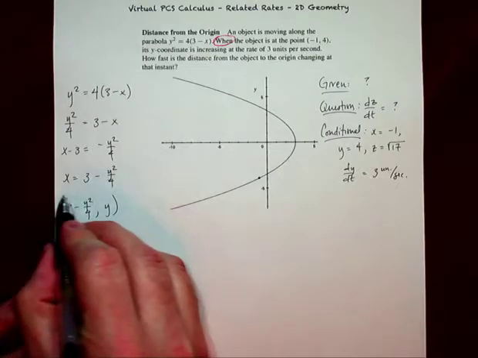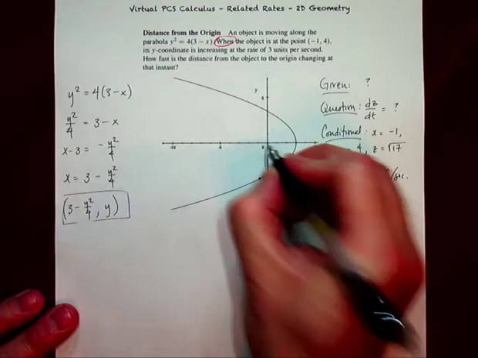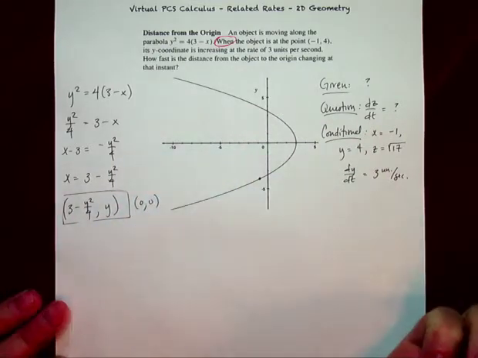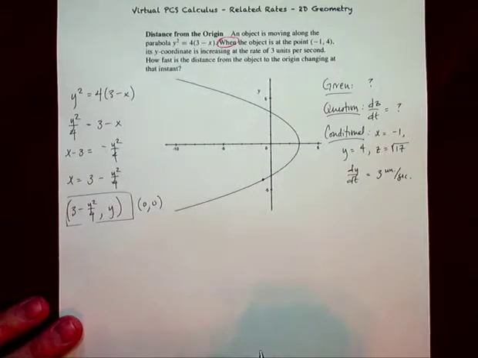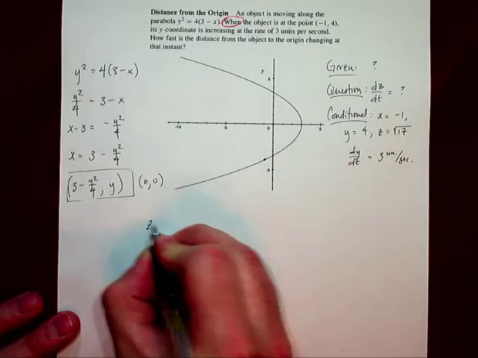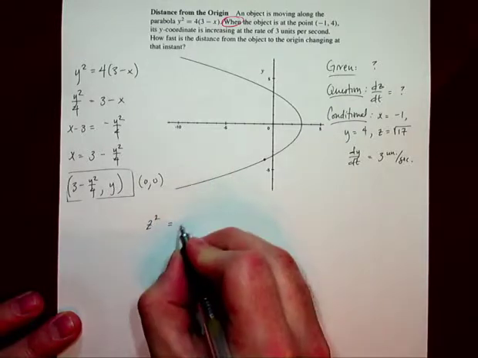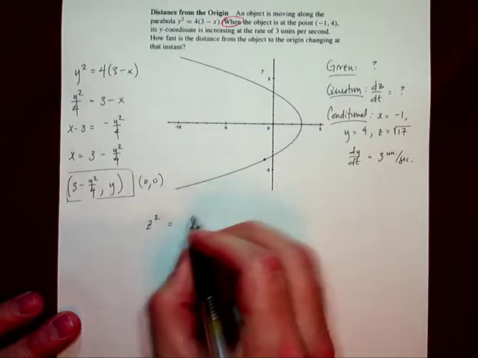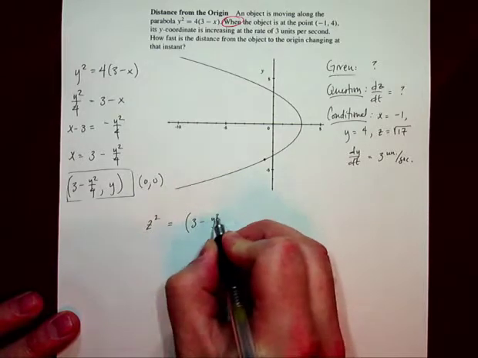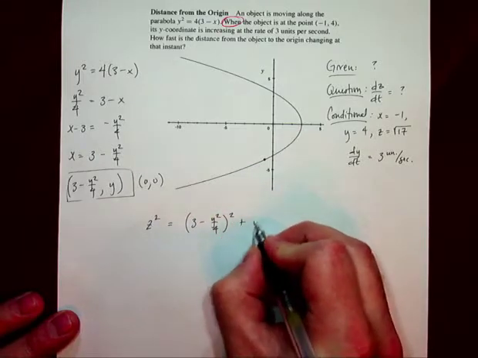So here's our ordered pair, and since we're looking for the distance from the origin, our second ordered pair is (0, 0). Again, we're not going to use the square root. We're going to say the distance squared is equal to, remember it's minus 0, so it winds up being (3 minus y squared over 4) squared plus y squared.